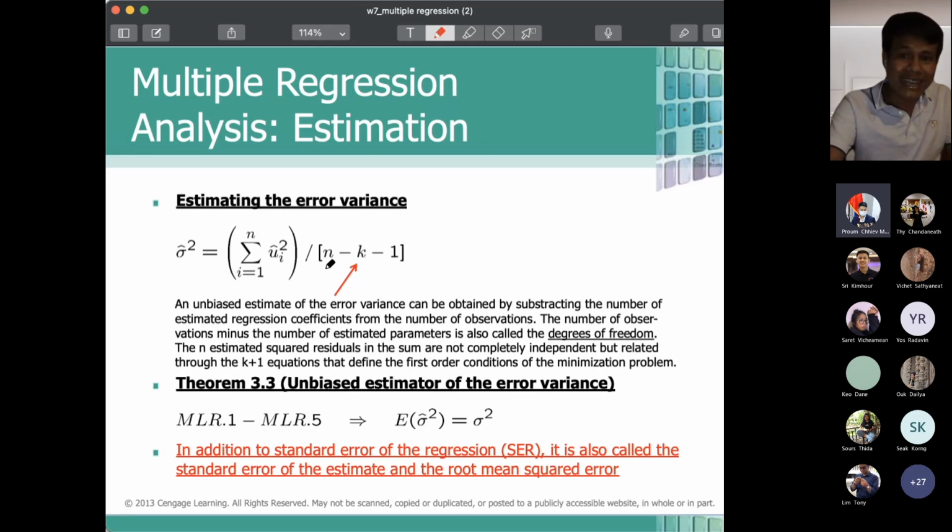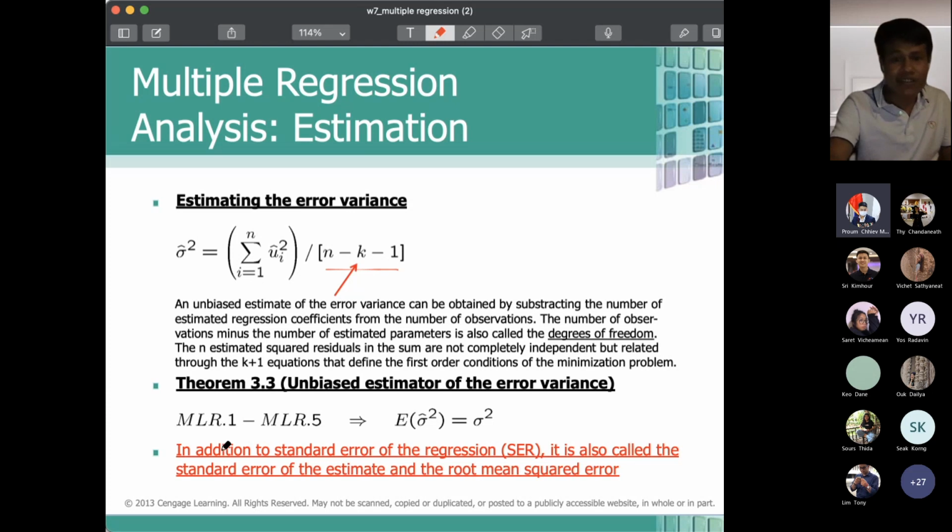We call it degrees of freedom. What is n? N is the number of samples, the number of observations. K is the number of independent variables that you included. 1 represents the constant. There is always one constant or one intercept. So n minus k minus 1. That's how you generate the error variance.